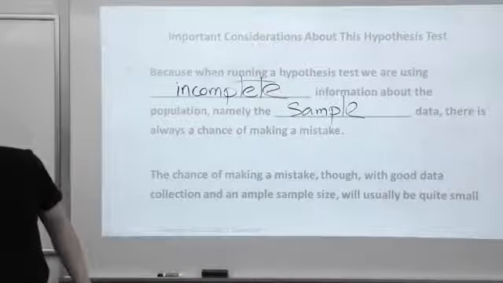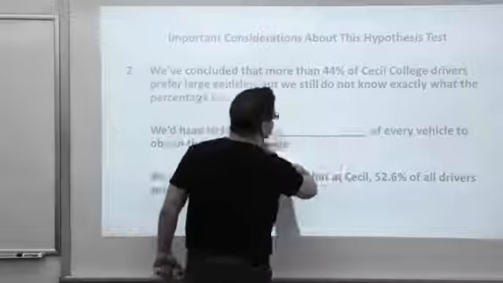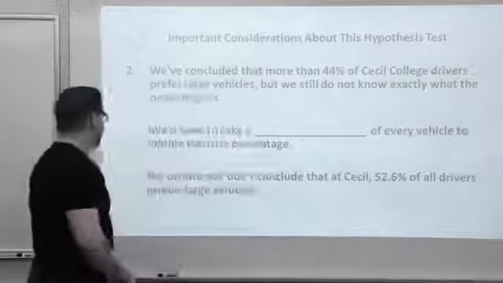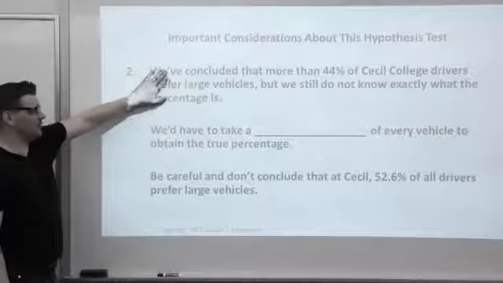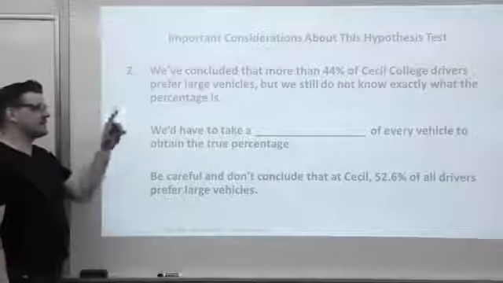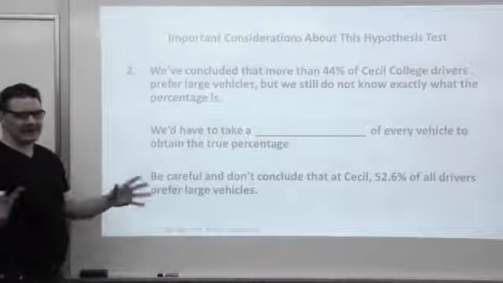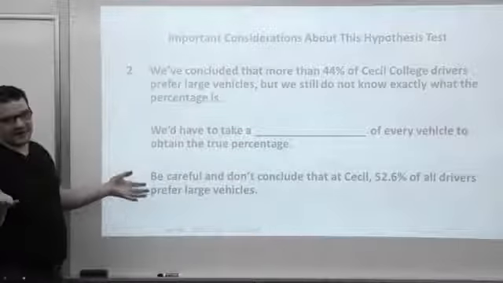All right, number two. We've concluded, at the end of this problem, more than 44% of Cecil drivers prefer large vehicles. We still don't know exactly what the percentage is. Don't say now that, oh, it's 52.6%.